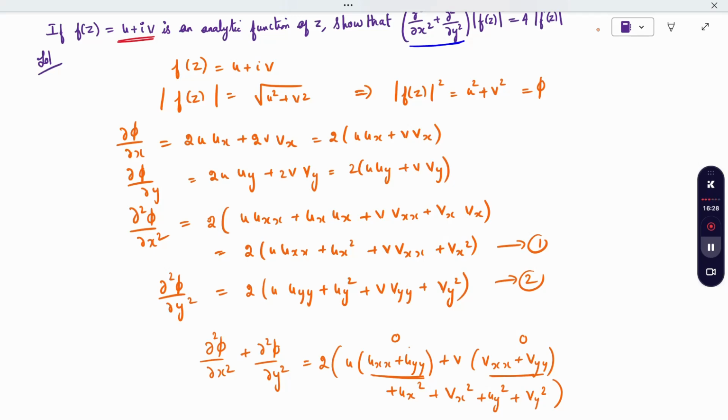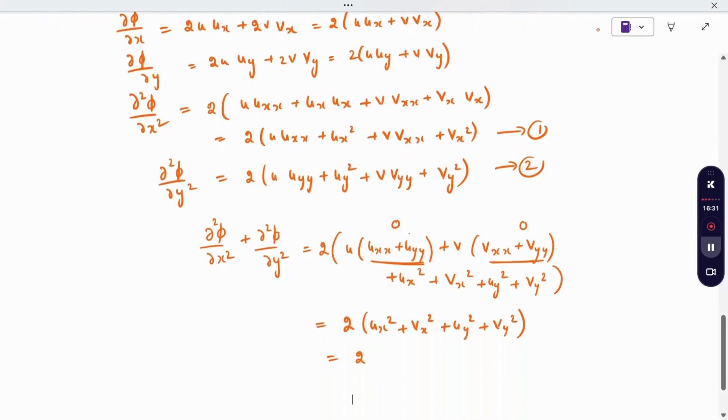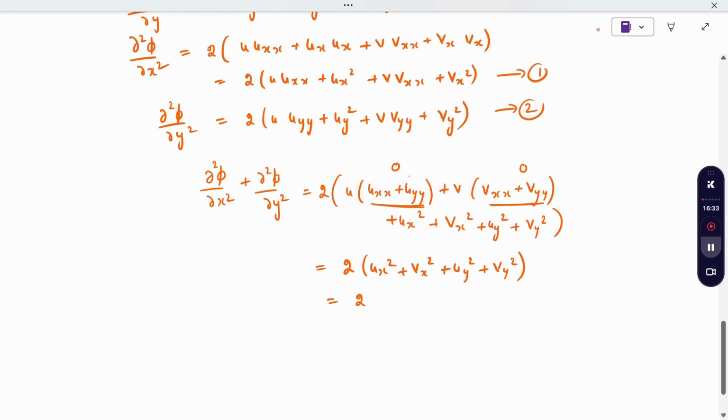Same way, it is 2 times modulus of f dash of z whole square, plus the y variable also the same thing, f dash of z, one with respect to x, one with respect to y. Both are f dash of z only. So it is 2 times, and already there is 2, so 4 times modulus of f dash of z the whole square.